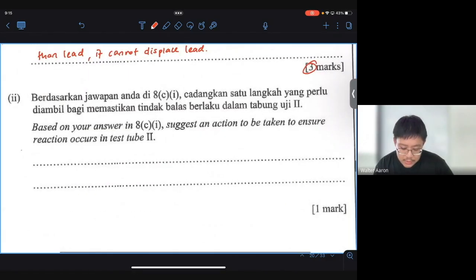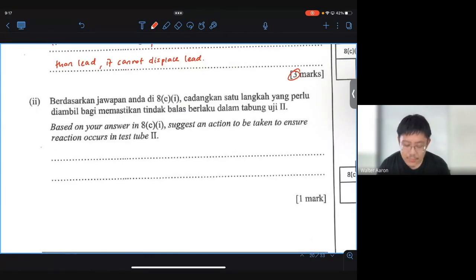Okay, all right. So based on your answer in 8C1, suggest an action to be taken to ensure reaction occurs in test tube 2. So what can you modify, or what can you do to make sure that there will be a reaction in test tube 2? So if you want to see a reaction, you can change experiment 2 setup, change lead nitrate to silver nitrate, and there will be a reaction already because copper is more reactive than silver.